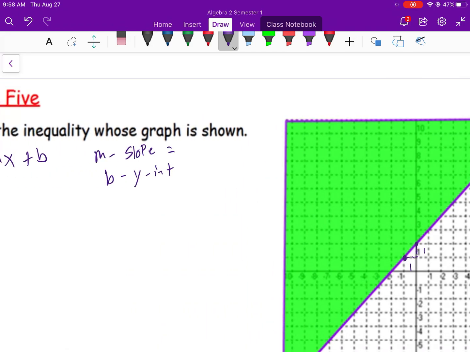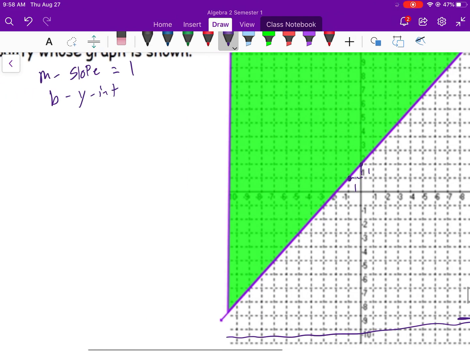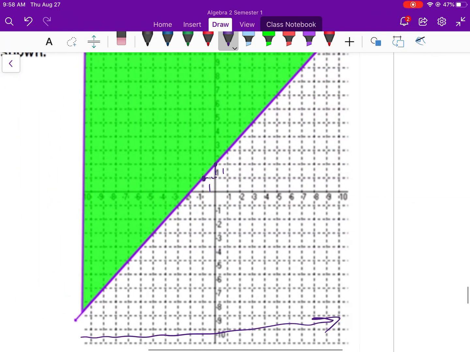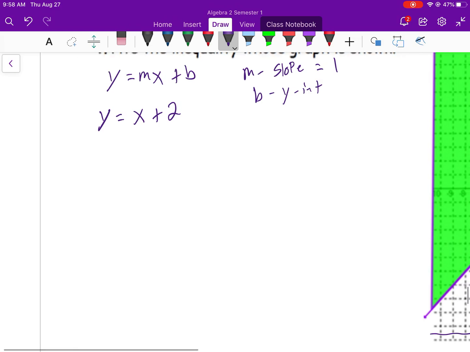So we got a slope of 1. And since it is going up from left to right, we have a positive slope. So as of right now, I got y equals 1x, so I'm just going to write that as x. We have a y-intercept of (0, 2). That b value is 2, so x plus 2 then.